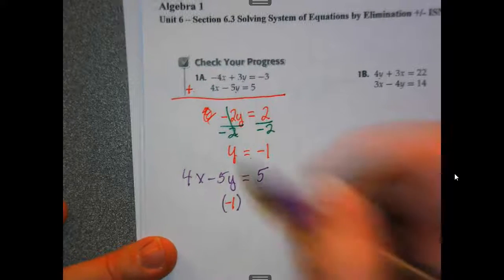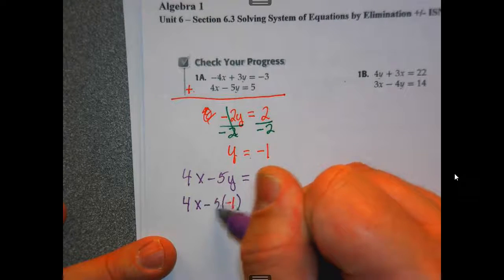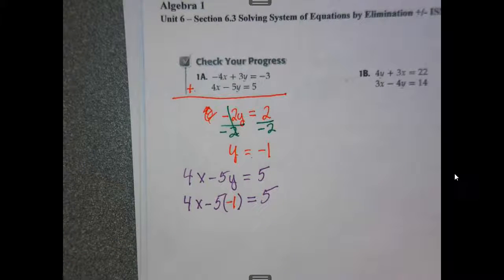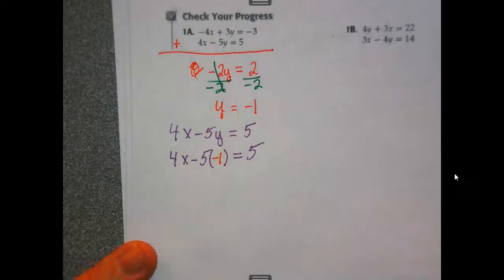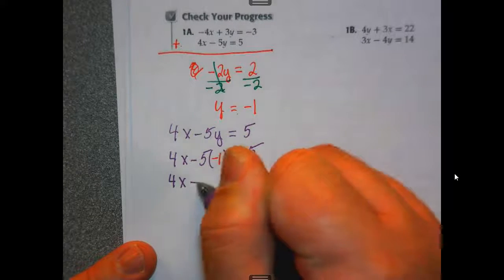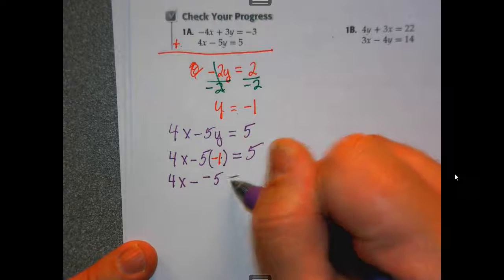Everything else, just copy. 4x minus 5 times negative 1 equals 5. And solve for x. So 4x minus 5 times negative 1 is negative 5, equals 5.